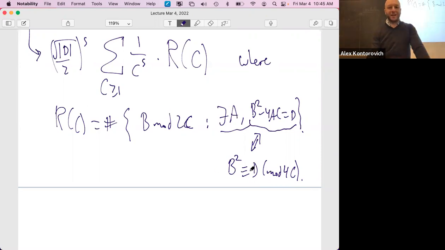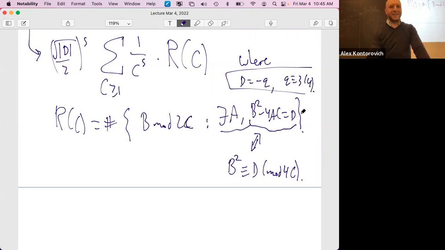We want to know for how many b's mod 2c the Legendre symbol says d is a square. And 4 shouldn't affect anything, because 4 itself is already a square. And d is, if you recall, negative q, where q is 3 mod 4.